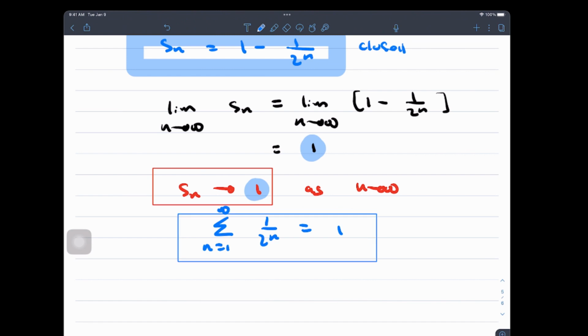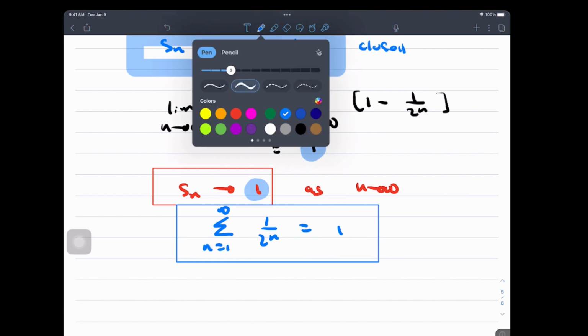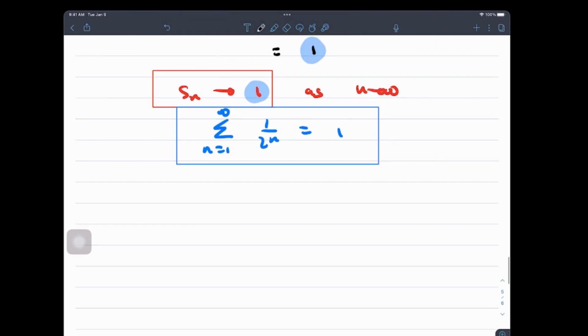So the reason you had to go through sequences and find out whether these sequences converge or diverge is because of what you're looking at right now. This is what we say: the series converges as the sequence of partial sums converges.